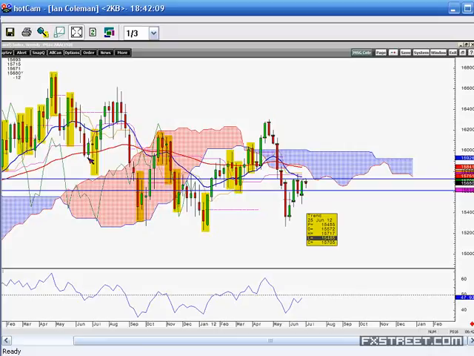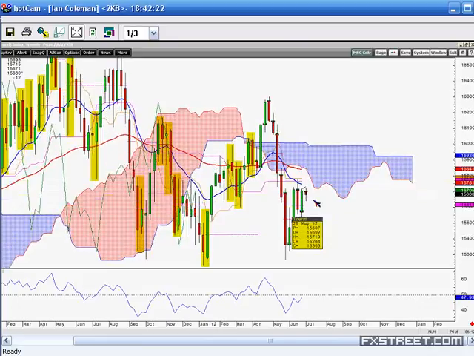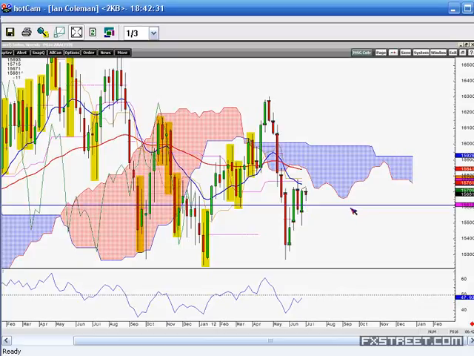Let's just put my pivots on. Okay, so here I've got my pivot level coming in here that's held quite well. So I want to put, again, a horizontal line onto that level.